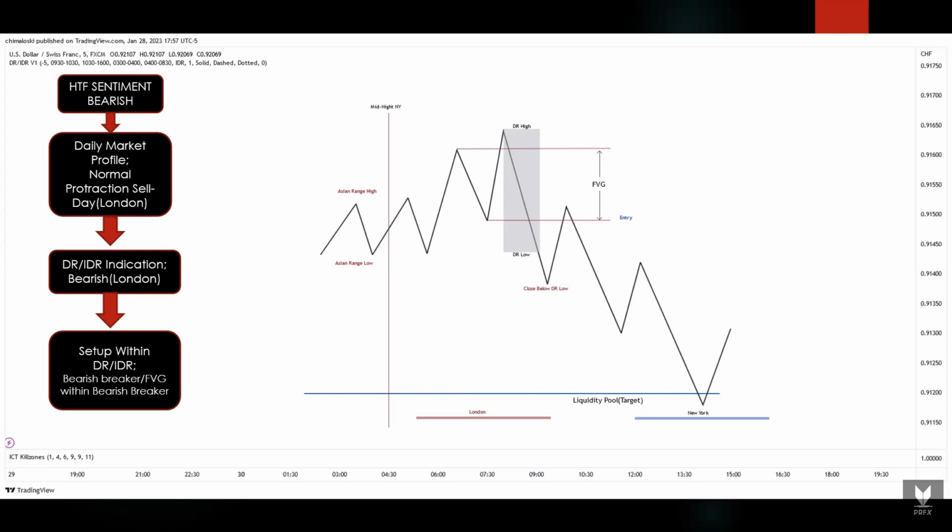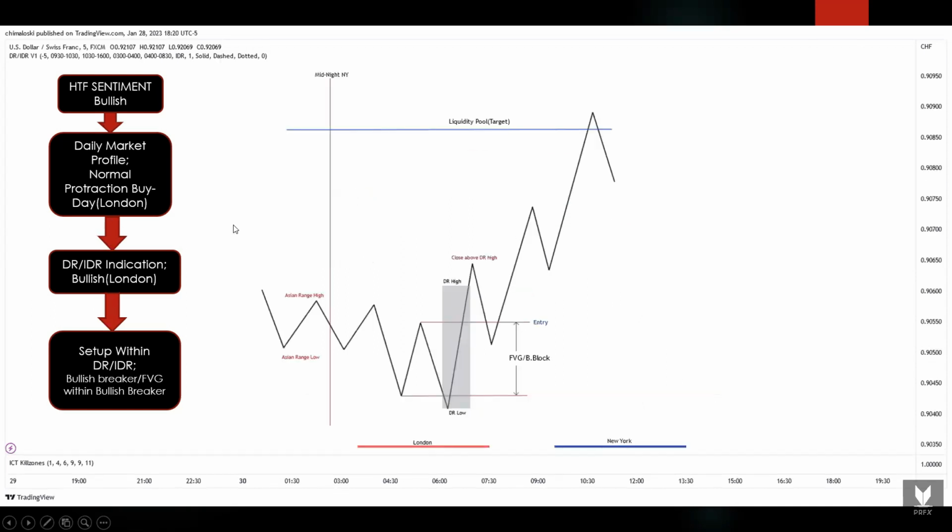We're going to hunt breaker blocks, in this case, a fair value gap and a breaker block. When price returns in there, inside the defining range, inside this structure right here, we're going to be taking an entry for the closest liquidity pool, and that's going to be our target.